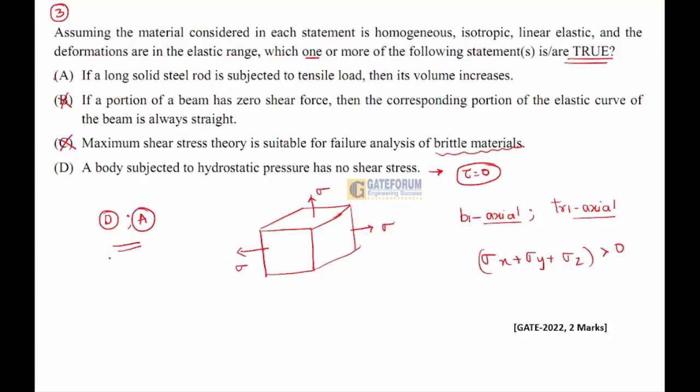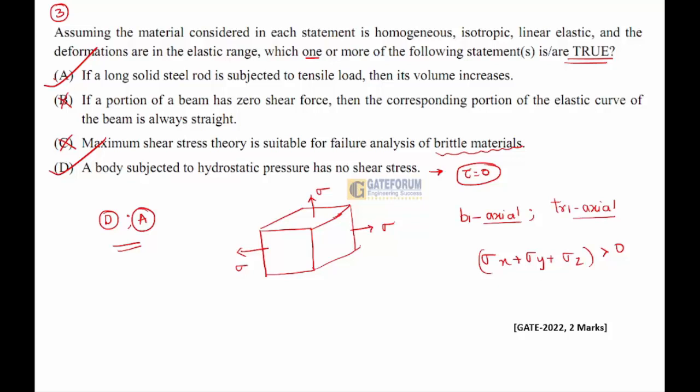It is a multi-select question, so more than one option is correct. A body subjected to hydrostatic pressure has no shear stress, which is D, and if a long solid steel rod is subjected to tensile load, its volume is going to increase. Options A and D will be the right answer.